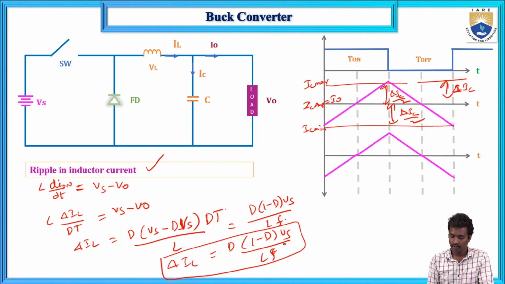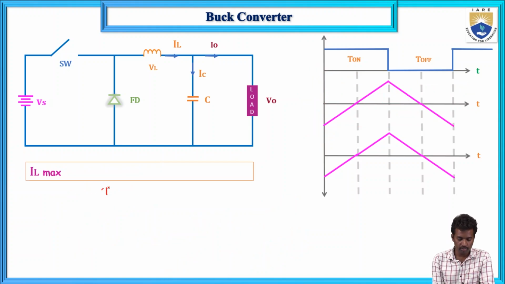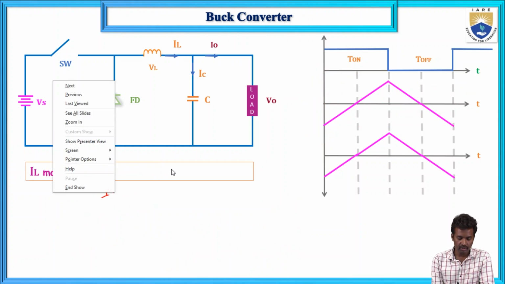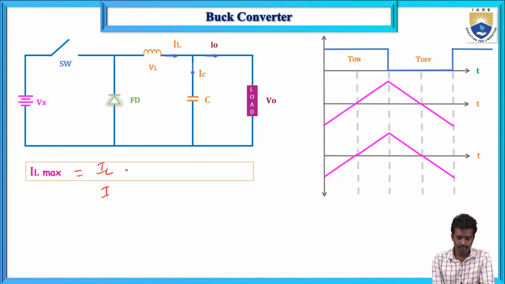So now if you calculate IL maximum and IL minimum, IL maximum means I naught plus del IL by 2, and IL minimum means I naught minus del IL by 2. So IL maximum equals the output current plus del IL by 2. If you substitute the ripple in the inductor in that, you will get the answer.